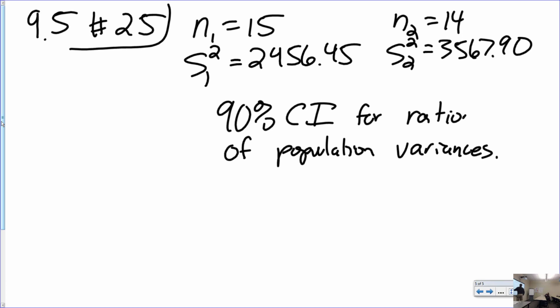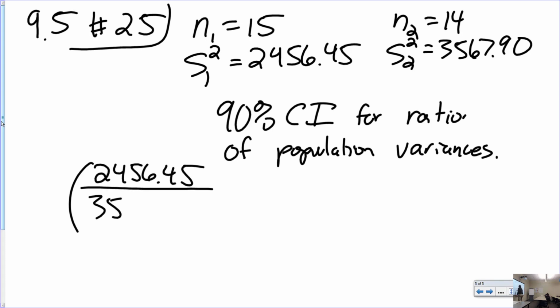Alright, so here we go. The cool part about it is that it's really just a matter of plugging these numbers in, right? So we want to put S1 squared, 2456.45, over 3567.90, and then multiply by 1 over our F statistic.